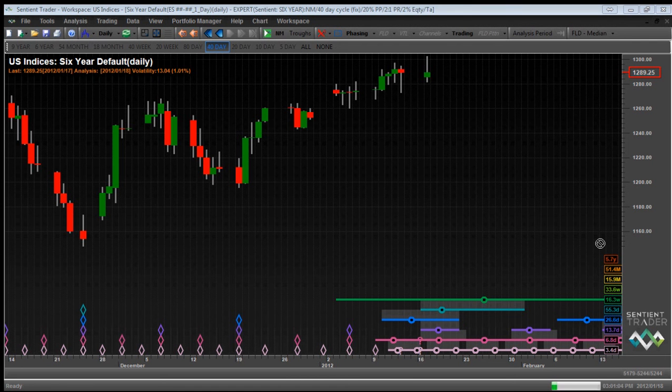So Sentient Trader might be recommending a trade. I've turned trading off on this chart actually, so it's not recommending any trades, but it might be recommending a trade, but then you would use things like candlestick patterns or oscillators or RSI, relative strengths, or my favorite, stochastics.